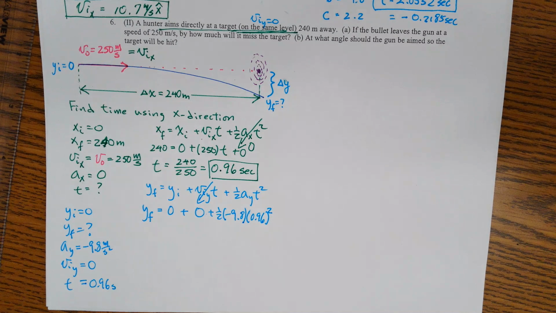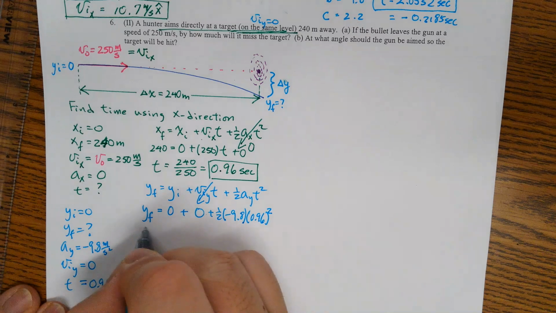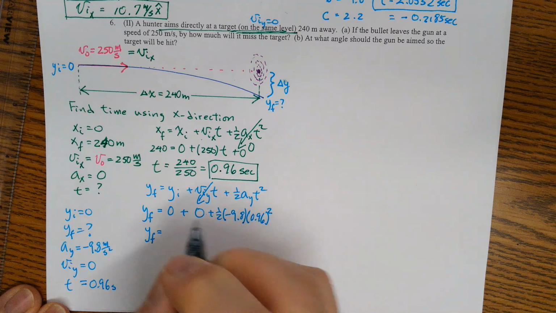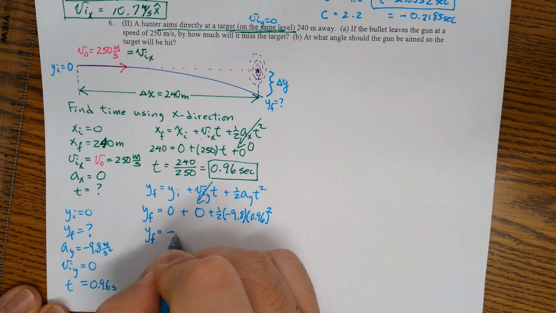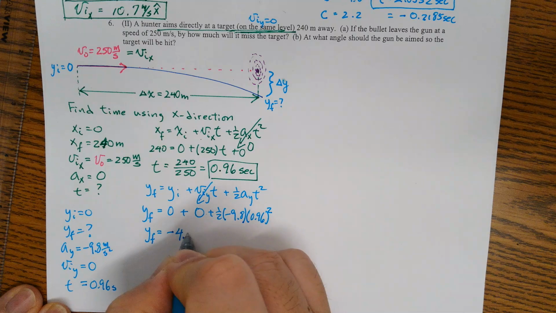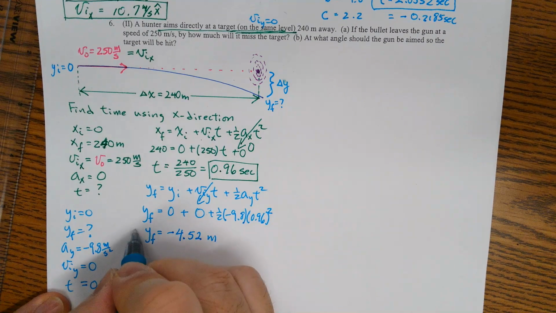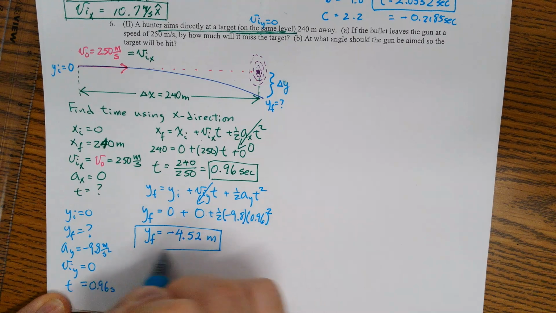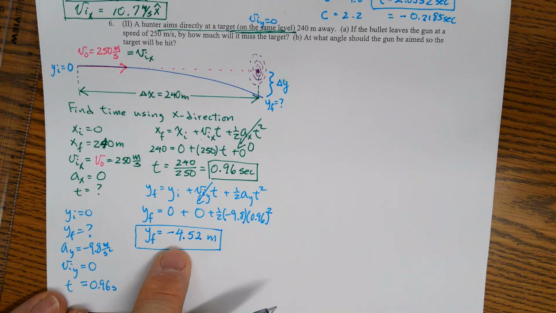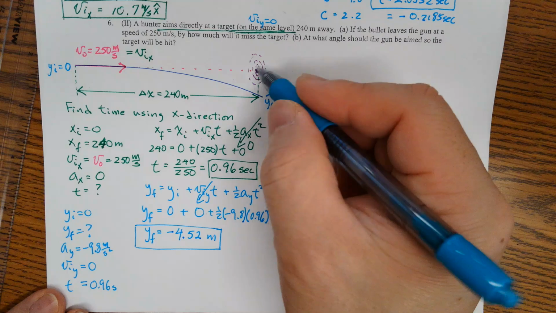Okay. So if you solve for y final, you should get negative 4.52 meters. And that makes sense because it fell in the negative direction 4.52 meters.